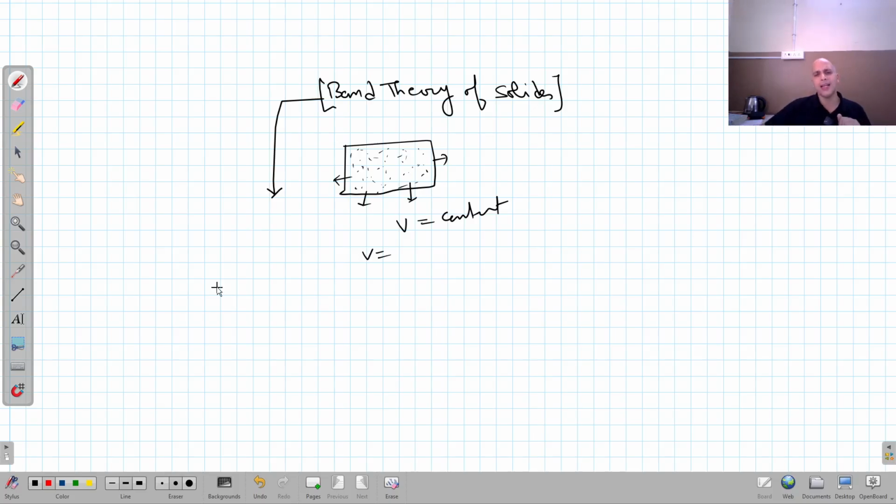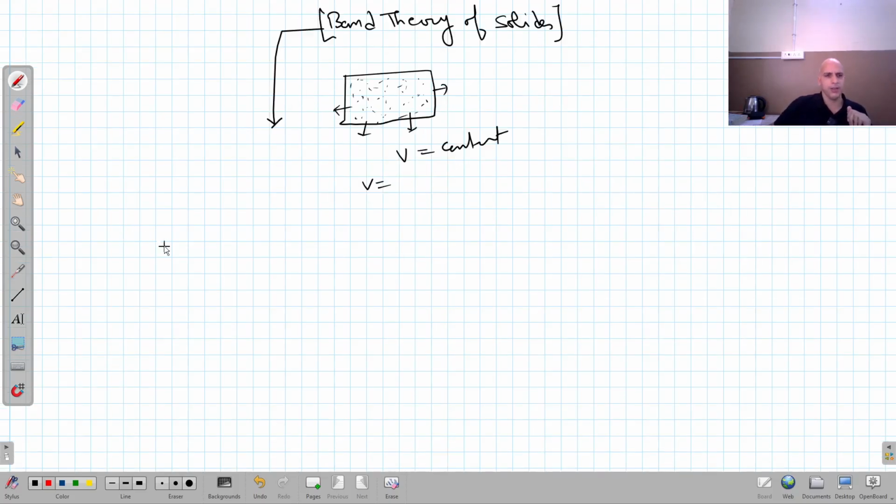So if I look at the potential energy diagram, we know very well the potential energy of the electron inside the solid at a certain distance from the positive ion core will be given by negative Ze squared upon 4 pi epsilon naught r. Here r is the distance of the electron from the positive ion core, and all these other factors are constants.